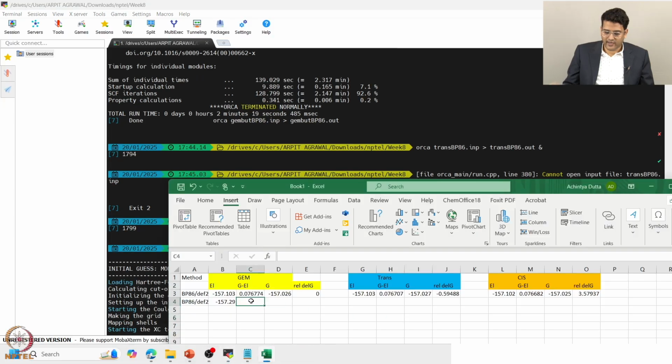So just from the energy, I can add the vibrational correction, which is calculated from the def2-SVP.